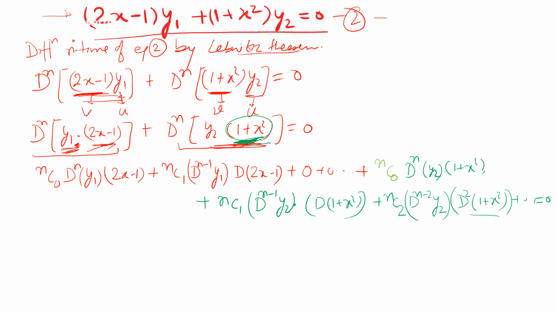Now we rearrange and write the value after simplification. What is nC0? It becomes 1.